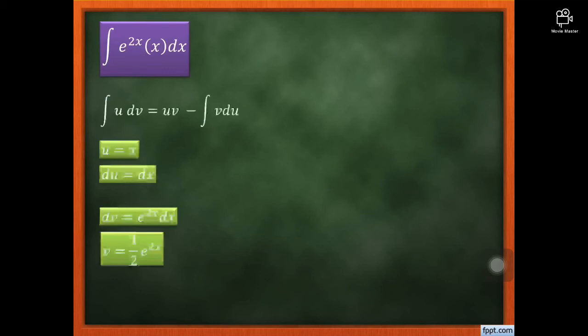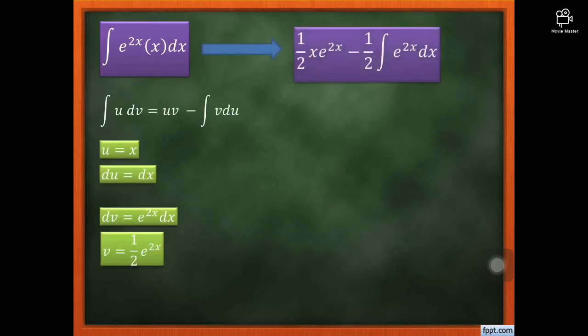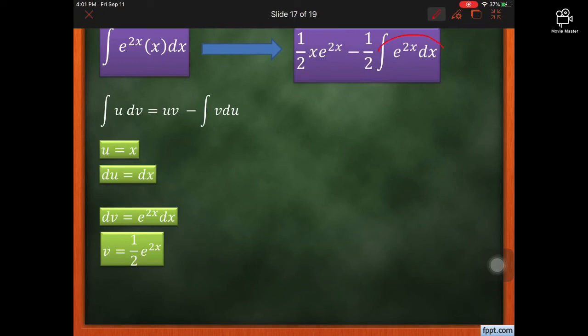So substituting that into the formula, you will have that the integral of u dv is equal to 1/2 x e raised to 2x minus 1/2 the integral of e raised to 2x dx, wherein the integral of e raised to 2x dx is equal to 1/2 e raised to 2x.